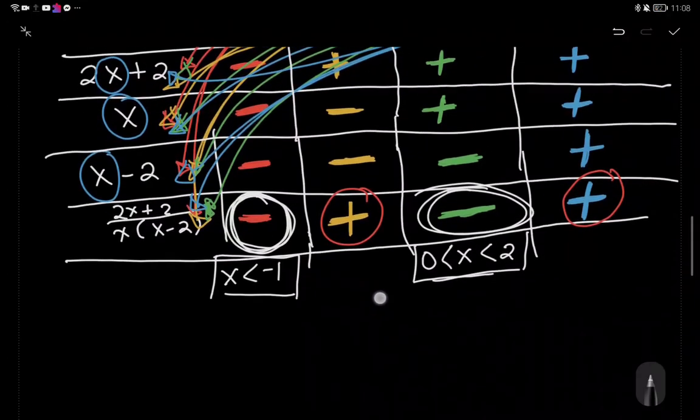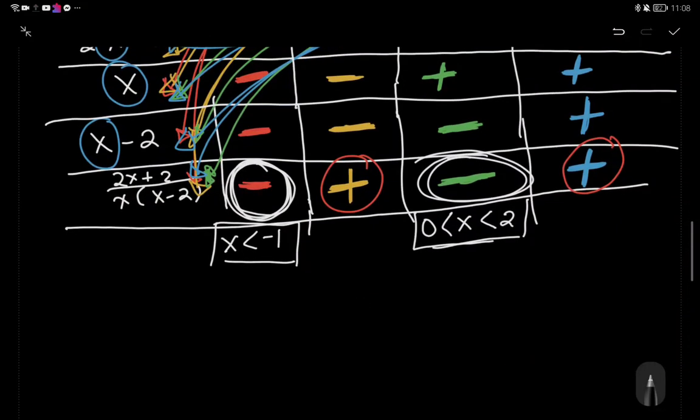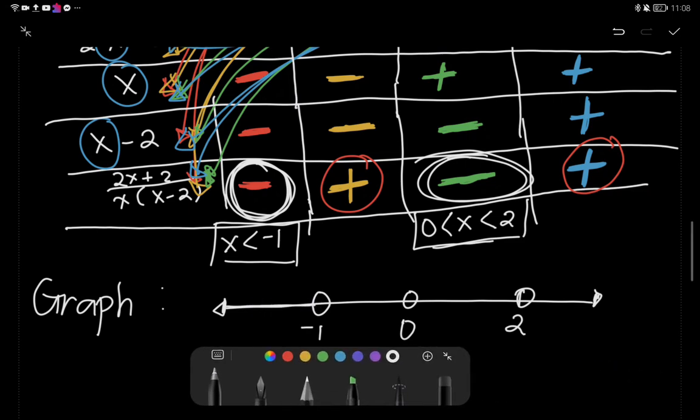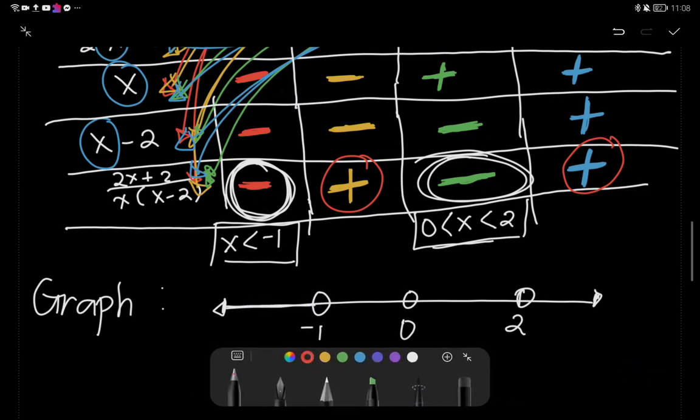Now, let's make the graph again para dili maglibog. The graph here is this one. This one is negative 1, this is 0, and this is positive 2. Okay, si kani siya, this is the first interval nga solution.